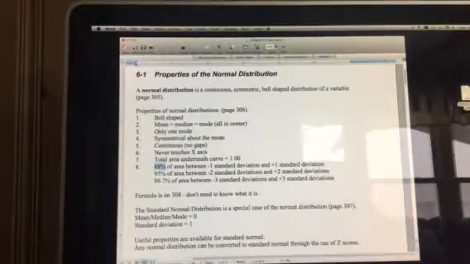On the other hand, if we start at that middle line, we go 2 to the left and 2 to the right, so for a 4 standard deviation span, you'll get 95% of the area. And finally, if you go 3 standard deviations to the left, 3 standard deviations to the right, or 6 standard deviations, or 6 sigma, you'll get 99.7% of the values.